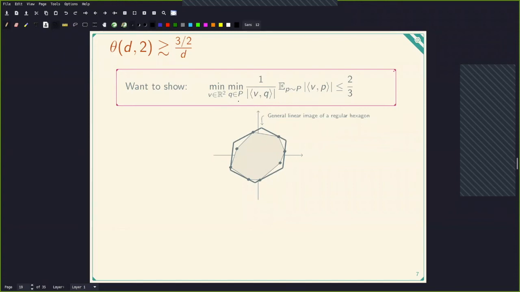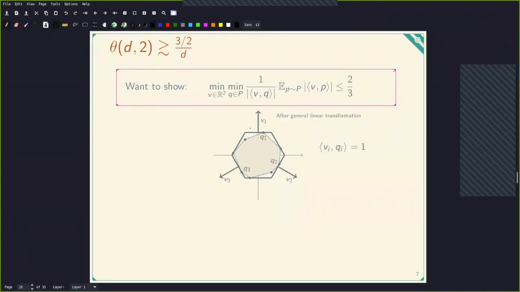And multiplying by a general linear transformation is the same as just picking a different basis for the kernel. But what this means is I can apply a general linear transformation, not change my problem at all, but make this hexagon that circumscribed it regular. So it looks like this now.